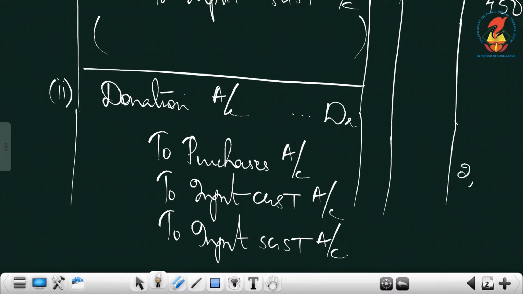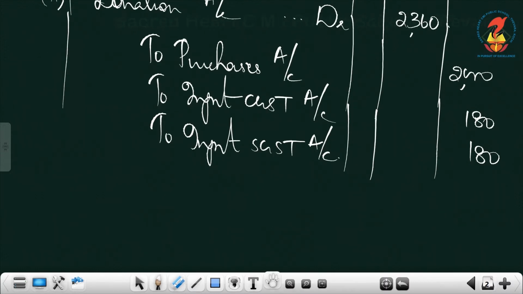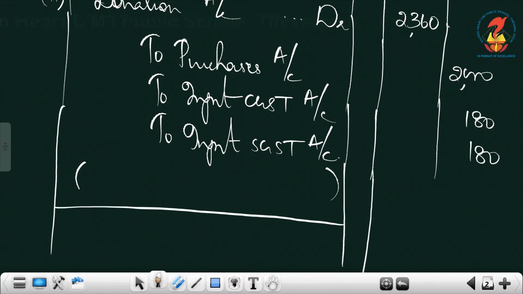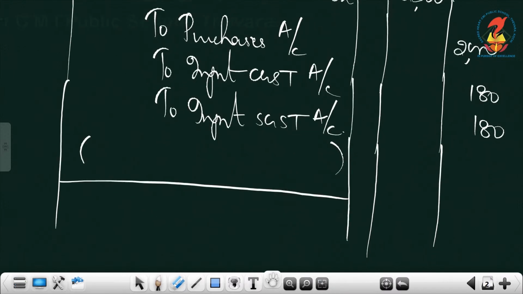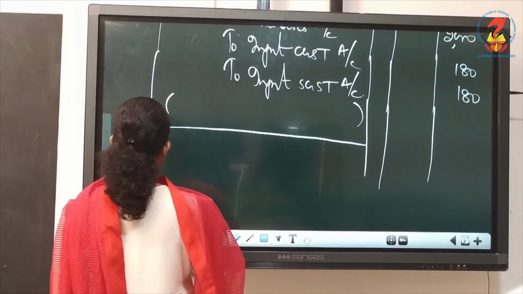So this must come here against purchases. Compute 9% on 2000. So 2000 into 9 by 100, it is 180 each. So altogether this will be 2360. Now you can write the narration: goods given as donation, GST reversed. Reversed means we are cancelling the GST. That's why it is being credited.